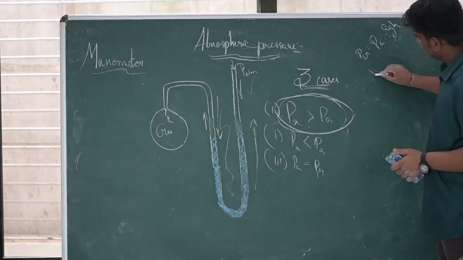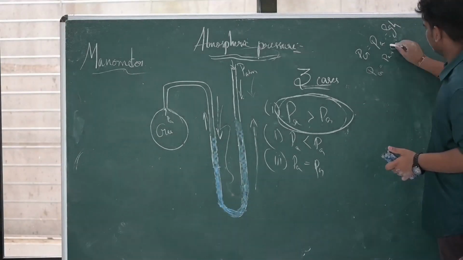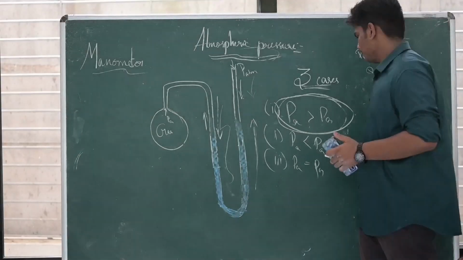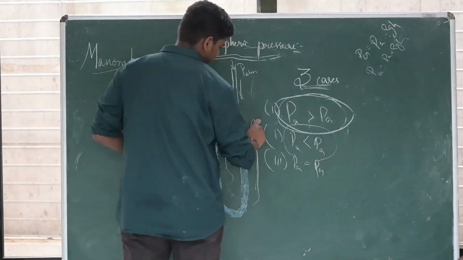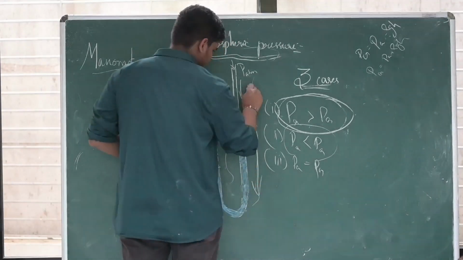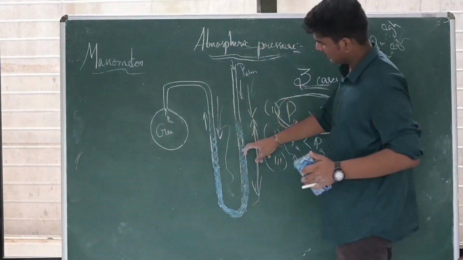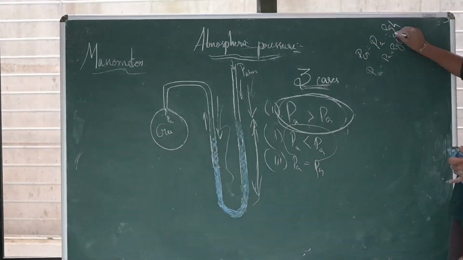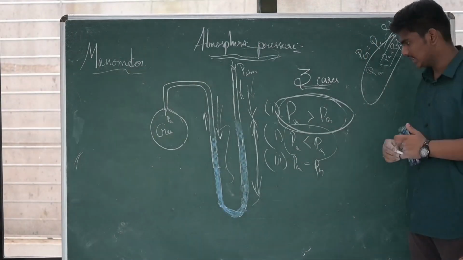Pressure of gas is equal to pressure of atmosphere plus rho GH, when PA is less than PG, as there will be this height column and atmosphere also. So when both are acting, this gas is acting against them. So total pressure is equal to pressure of atmosphere plus rho GH.